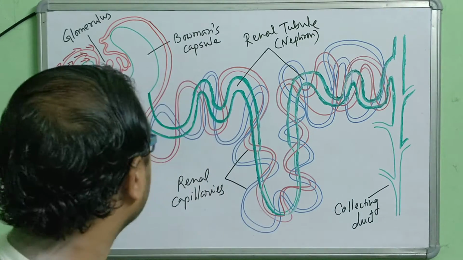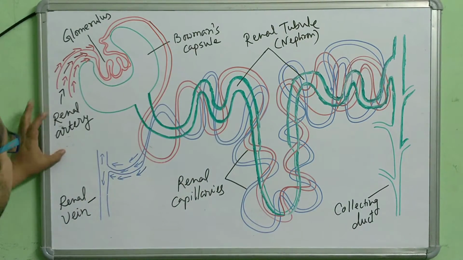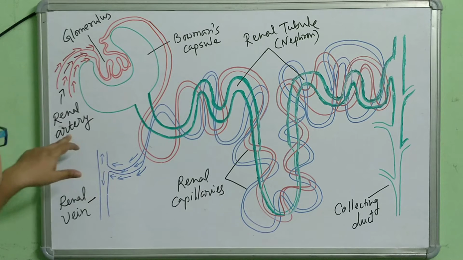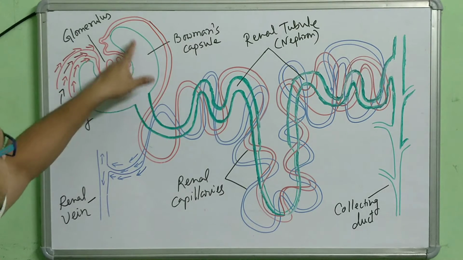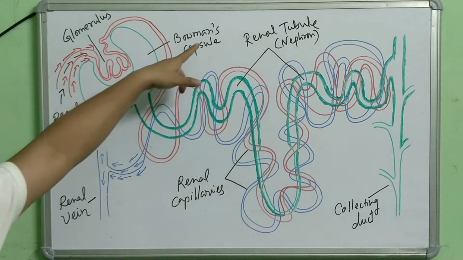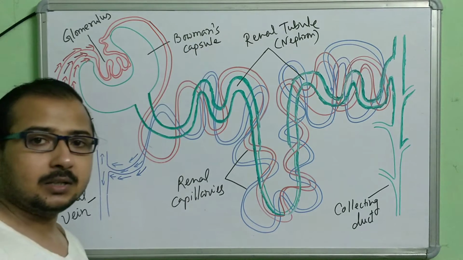Now you see here the renal artery is very important, through which the blood enters into the kidney. The arrow you can see. Now this cup-shaped structure you can see is the Bowman's capsule. You have to remember the names.